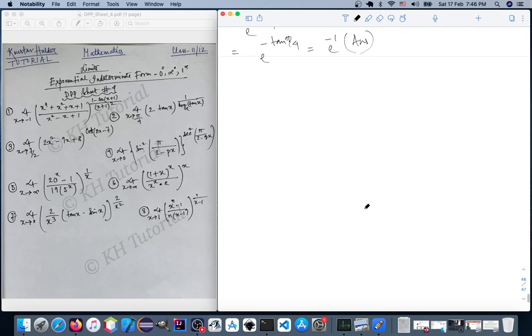Let's see the next problem. It says limit x tends to 7 by 2 of (2x square minus 9x plus 8) whole to the power cot of (2x minus 7).